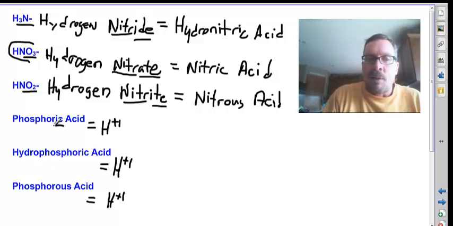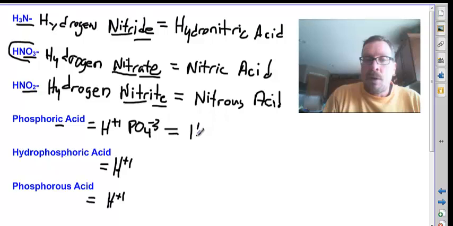So I go to my polyatomic chart, and I look for something like phosphorate, and I do see phosphate, which is PO4, a phosphorus and 4 oxygens, and the chart tells me it has a -3 charge. Okay. And then I balance, because it is a compound, so I'm going to need 3 hydrogens and 1 phosphate group. There is my formula for phosphoric acid.